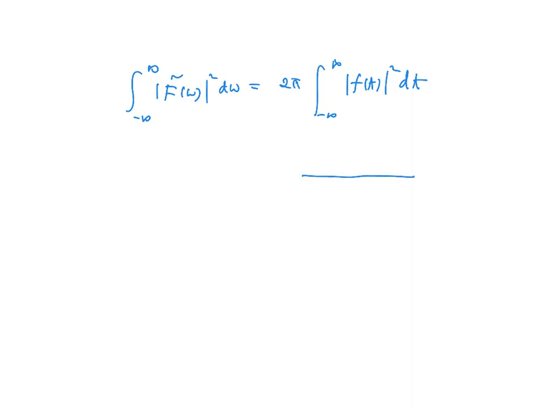When f(t) is given by this, we know that f omega is sine omega over omega, right?